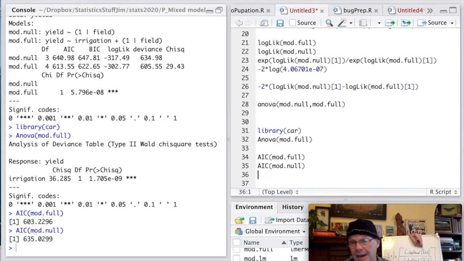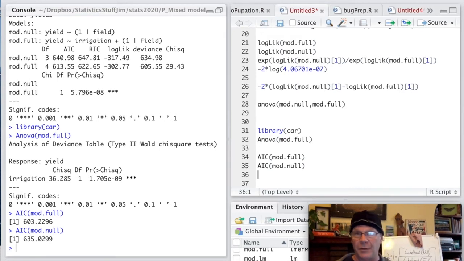That's entirely fine, but there's no hypothesis testing involved with that. And if you're going into an analysis where you're going to do null hypothesis testing, you really need that p-value. If you're just interested in comparing the two models and saying which model you think is better, if you want to come up with some kind of prediction or look at the parameter values, you could go ahead and use the AIC. Certainly it wouldn't be wrong.